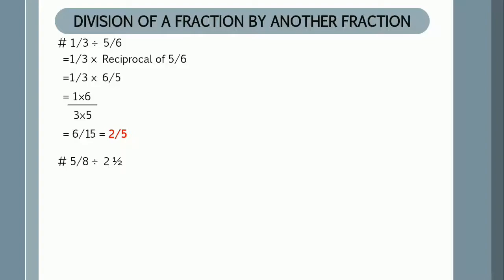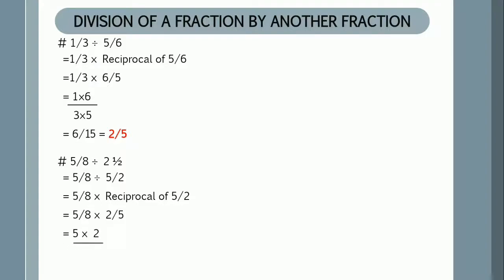See another example, 5/8 divided by 2 whole and 1/2. So first convert the mixed fraction into improper fraction. Okay. Then take the reciprocal of the second one, that means reciprocal of 5/2. So we get 5/8 into 2/5.